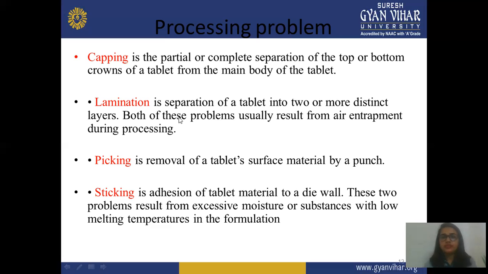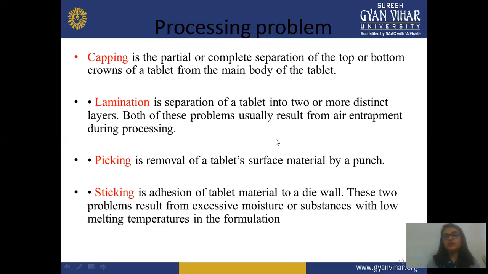If the tablet separates into two or more layers, this problem mainly occurs when there is air entrapment during processing. Next is picking, and picking is removal of the tablet surface material by a punch.